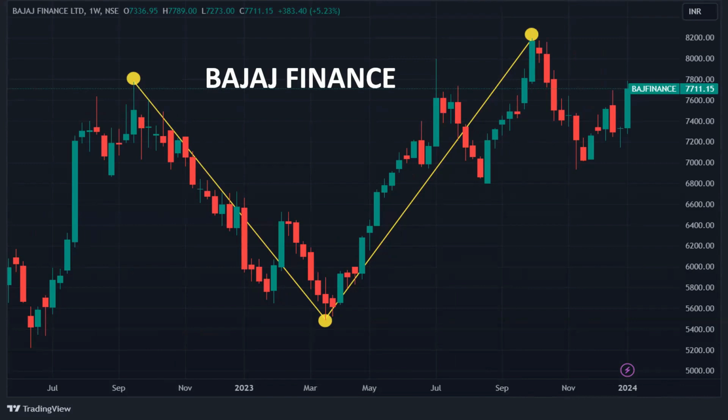Being a part of NBFC, it was almost 7,800 to 8,000 rupees, and it went all the way down to 5,400. Then it proved whoever said that wrong. It took a U-turn through its business quarter results, showing very strong earnings. From there, 5,400 to almost 8,200 again it hit.